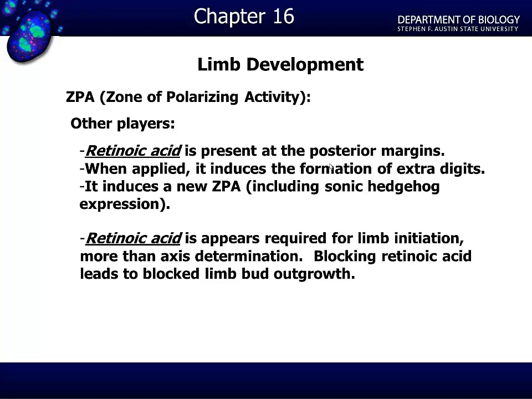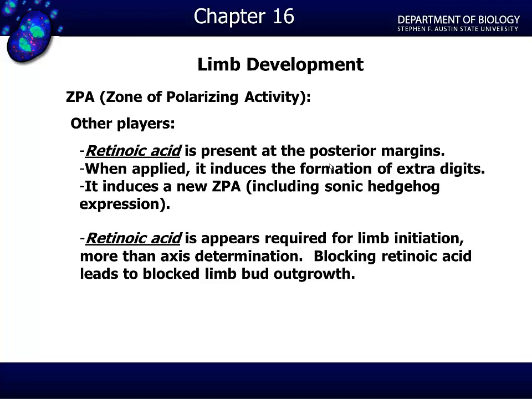If we transplant a bead soaked with retinoic acid from the posterior zone into the anterior zone, we see that it induces the cells around it to form a new ZPA, to begin to produce sonic hedgehog, and that does lead to extra digits. So retinoic acid is involved in the induction of cells that recreate sonic hedgehog, and therefore it initiates the formation of the ZPA.